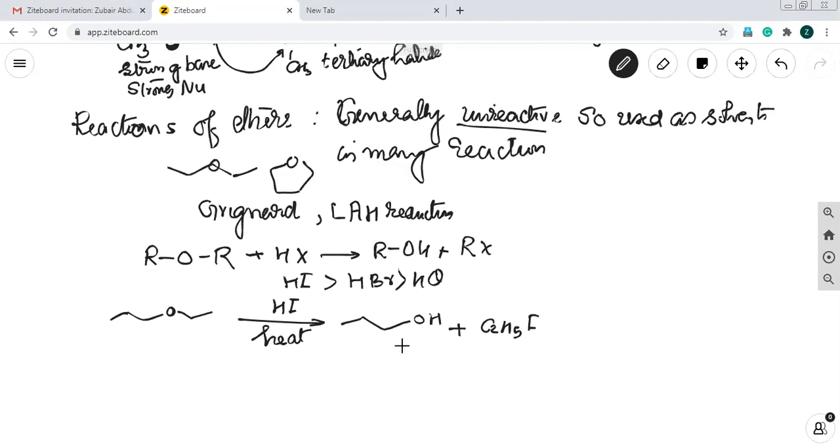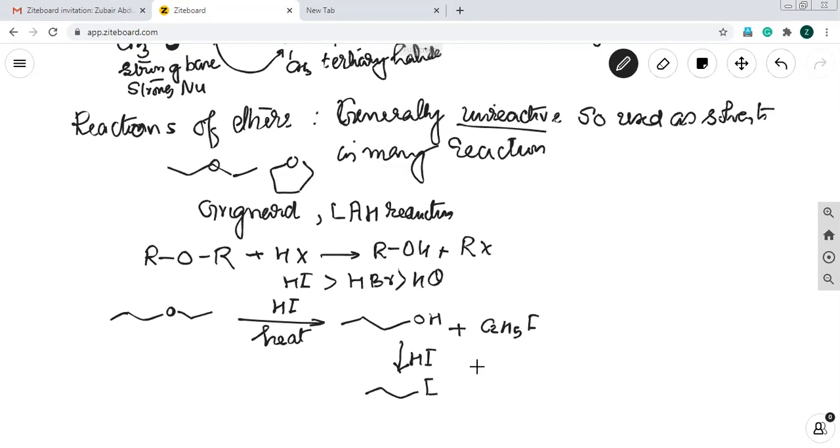And one more thing, remember, if you have excess of HI, this will further react and form C2H5I. That also will happen. Okay.